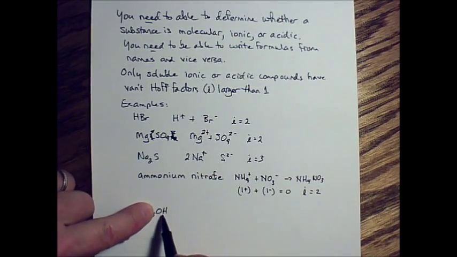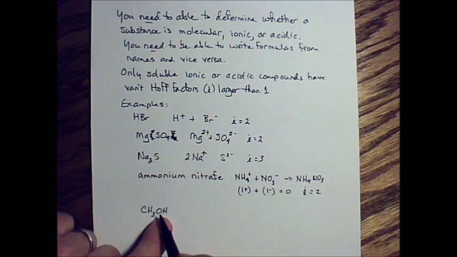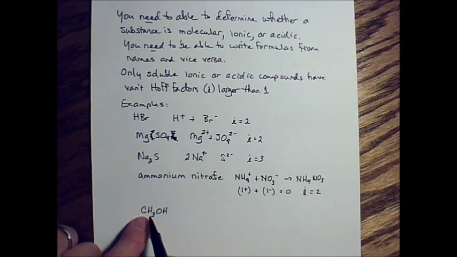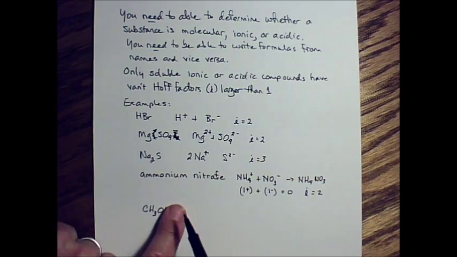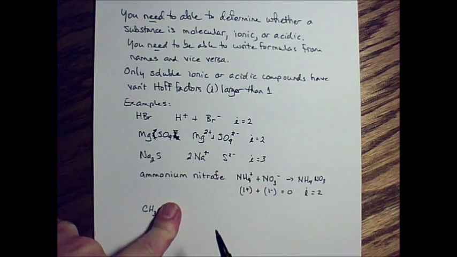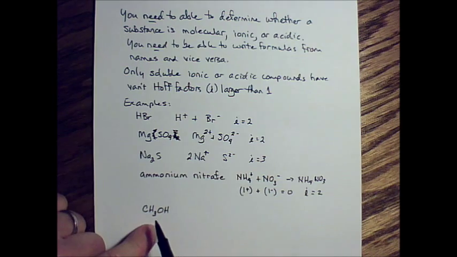Okay, you might think that this is a hydroxide. However, for it to be hydroxide, this also has to be a charged particle, right? Because both of these have to be charged to be ionic. Can you find CH3 on your common ions list? It's not there. This is molecular.